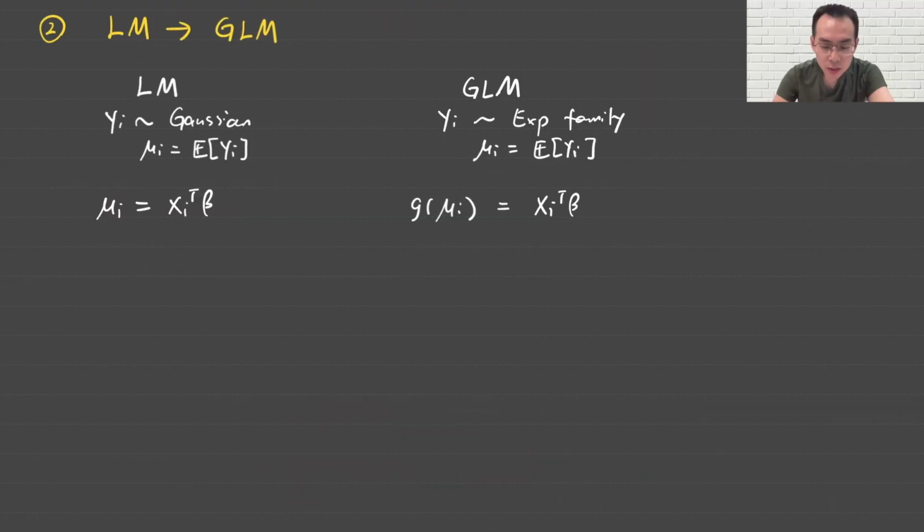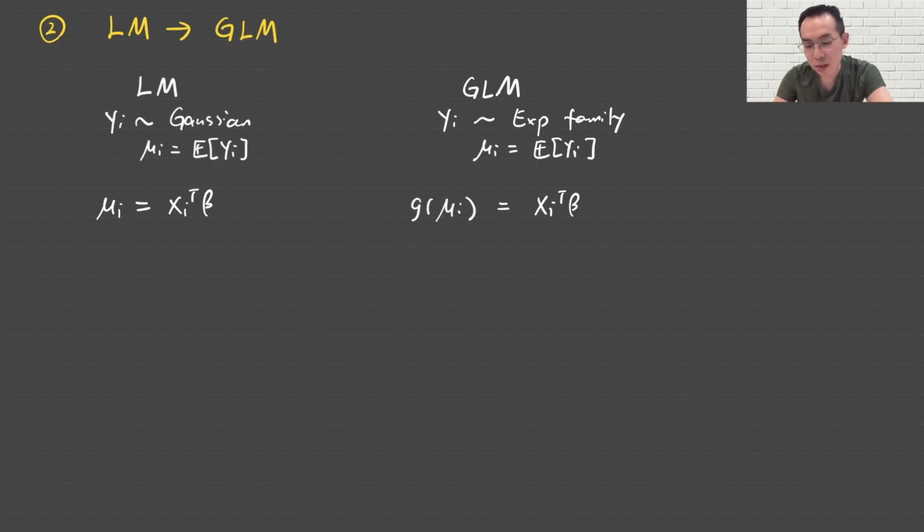Okay, so for the second step, let's compare the linear model and the generalized linear model. The linear model has a statistical interpretation, such that the response yi is Gaussian distributed. Then the expectation of y is usually written as mu i, and mu i is connected to our predictor xi as xi transpose beta.